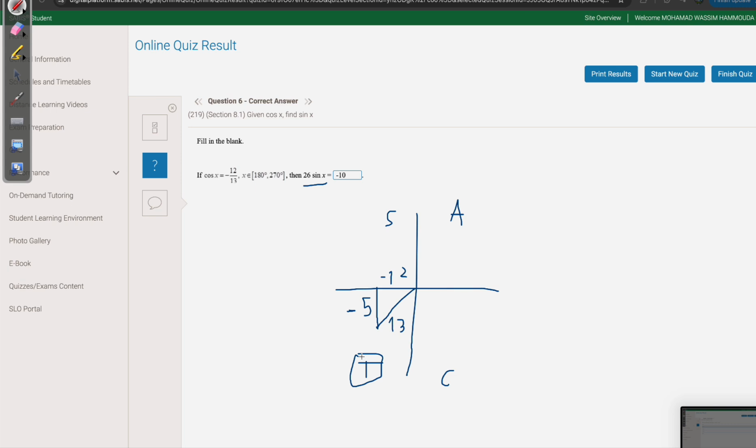And then for sine, we do opposite over hypotenuse, so negative 5 over 13 is sine. But read the question, guys. They said 26 sine x, so 26 times negative 5 over 13 is equal to negative 10. That's it.